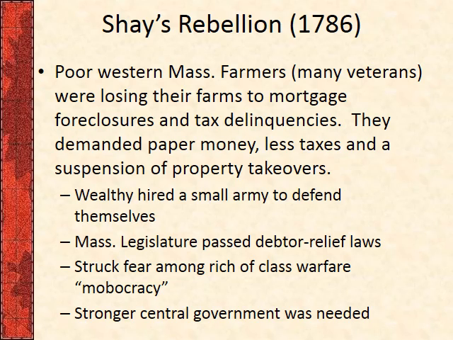So Daniel Shays grabs his gun, grabs his buddies out there in western Massachusetts, and they basically march on the Massachusetts legislature out east in Philadelphia. And what did they want? They wanted paper money that they could use to repay their debts. They wanted lower taxes, and they wanted a stoppage of these foreclosures of their farms.